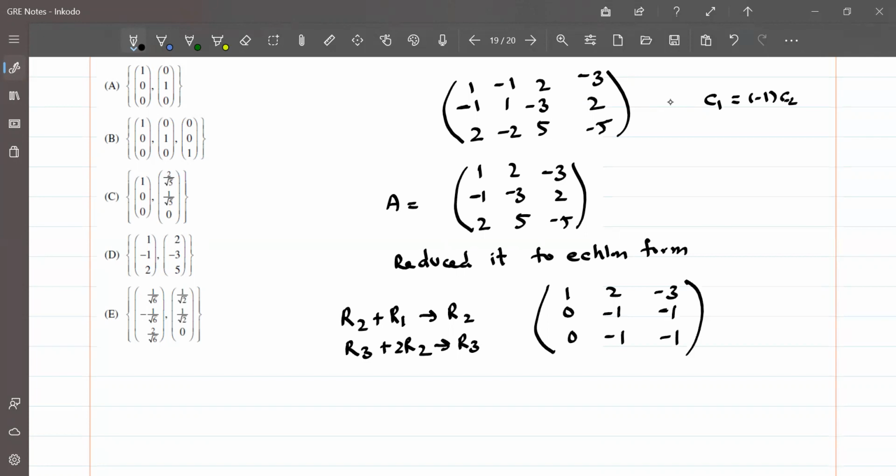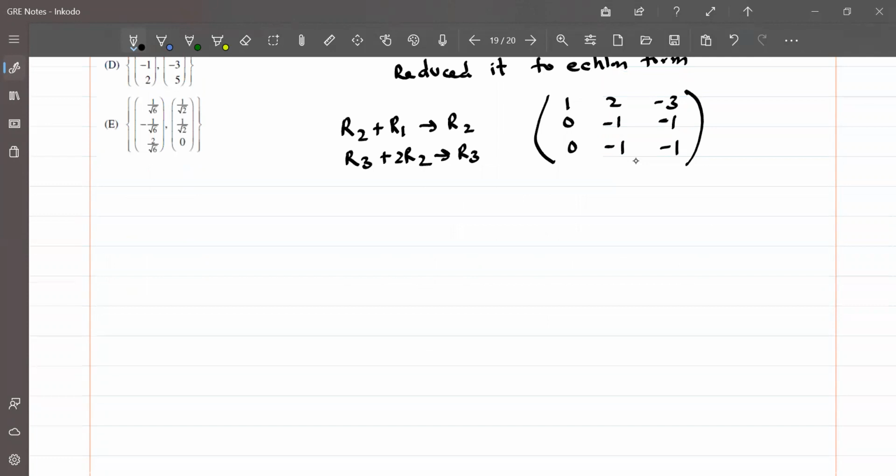Okay, students. Now, if we remove the minus sign from this matrix, we can write it in this form: 1, 2, -3, 0, 1, 1, and 0, 1, 1. Now you can see the reduced echelon form.